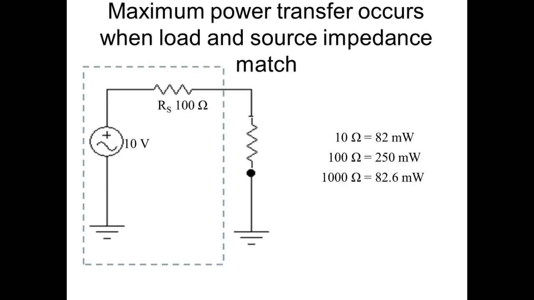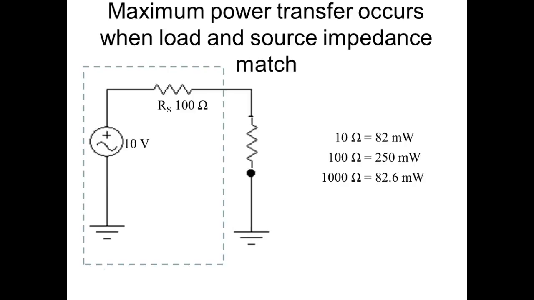So when did we get the maximum power transfer to the load? When the opposition of the load matched the opposition of the signal. And we refer to this as impedance matching. So in a communication channel, instead of arbitrarily choosing an opposition, we set the opposition in the channel.